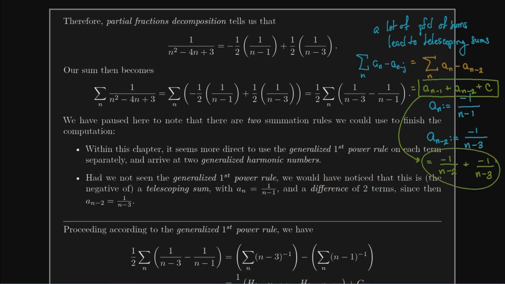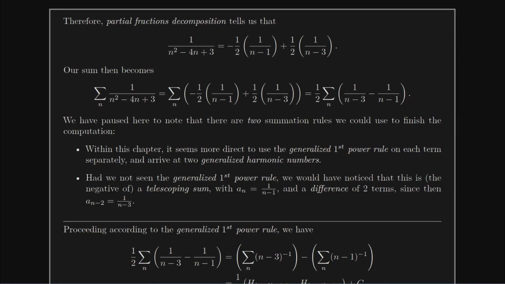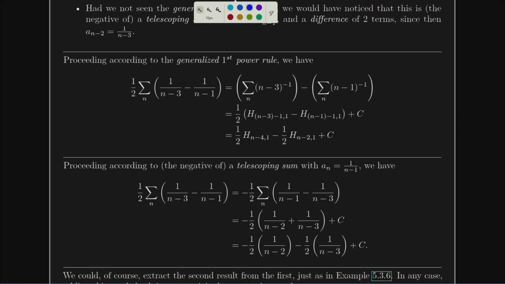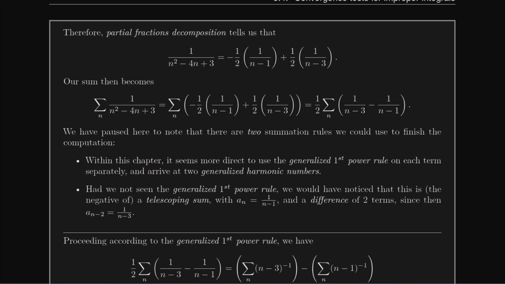So that ends up being my summation of this remaining term. But I can, of course, do the harmonic number version of this if I want to, and then I would just end up with 1/2 harmonic number n minus 4 minus 1/2 harmonic number n minus 2. I don't like that as much. Here's my negative 1 over n minus 2, negative 1 over n minus 3 term that I came up with earlier. And then the 1/2s, recall, were my coefficient if I go all the way up to here.